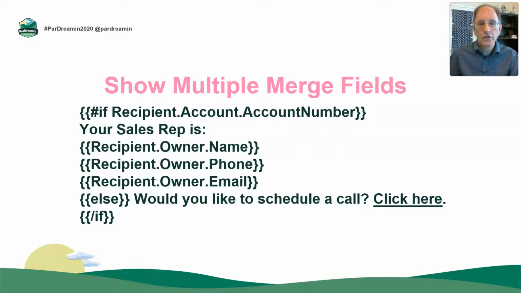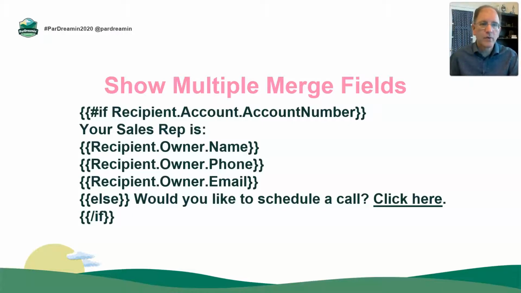So your sales rep is the owner name, the owner phone, the owner email. If there's not an account number, then you could show some other content, like, would you like to schedule a call? Click here. Maybe we're trying to get this person to engage with sales. So there's an example of if they're a customer, show one thing. If they're not a customer, show something else.